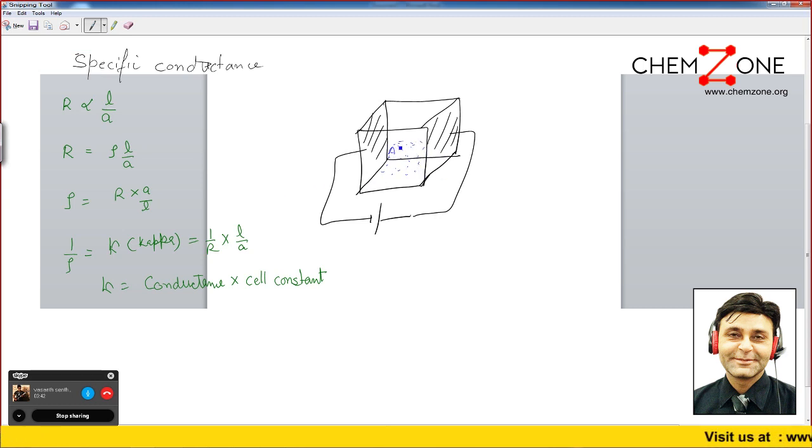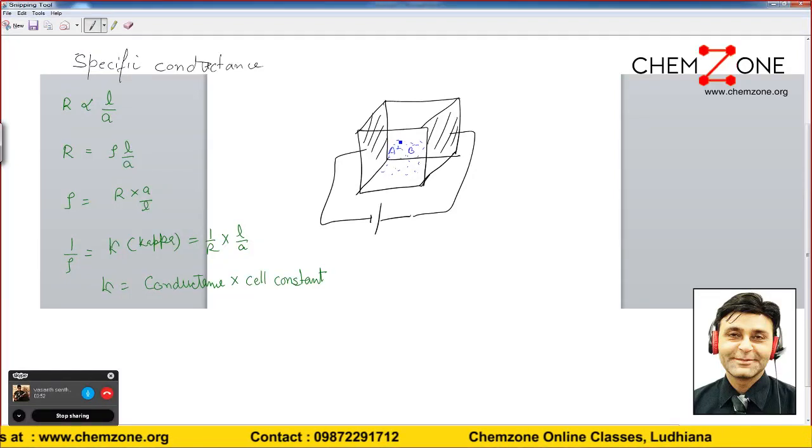We have A positive and B negative. These ions move towards oppositely charged electrodes: the positive ion moves towards the negative and the negative ion moves towards the positive.